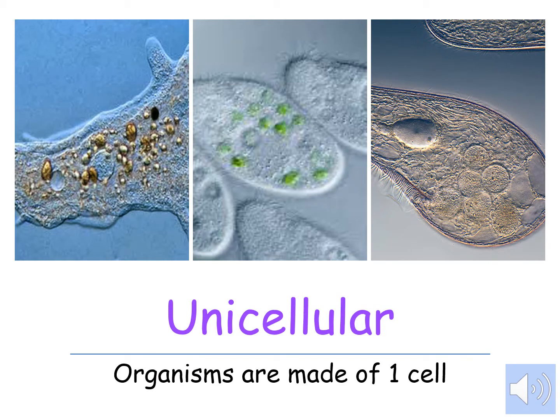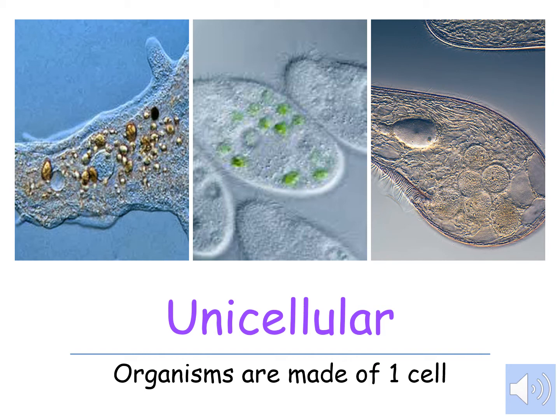Unicellular organisms are quite interesting. There's actually more than one type. There are very simple unicellular organisms called prokaryotes. The ones here in these pictures are actually eukaryotes. If you notice, they're quite complex. These are eukaryotes in that they have a nucleus and they have organelles in them. Prokaryotes are things like bacteria, which have no nucleus.